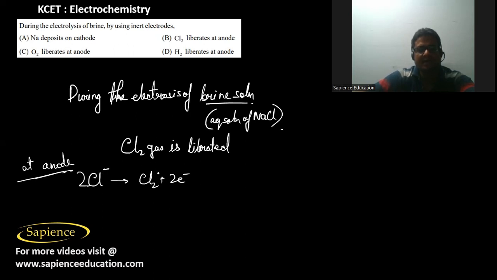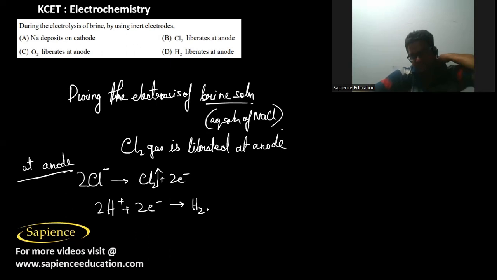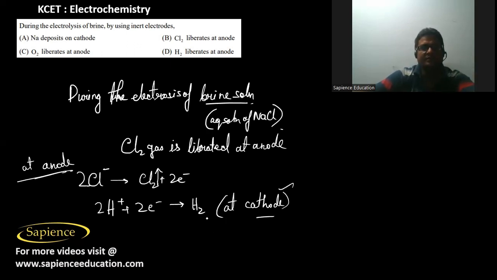So Cl2 gas is liberated at the anode, and at the cathode two H plus ions will gain 2 electrons to form H2. So H2 gas is liberated at the cathode. So option B is the correct answer.